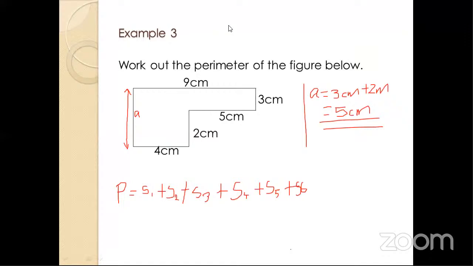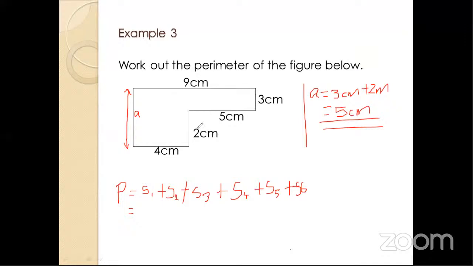Let me go and pick Birunji. Yes, Birunji, can you unmute and we now get the perimeter? Birunji, continue. Birunji, be louder.